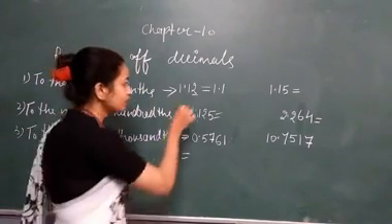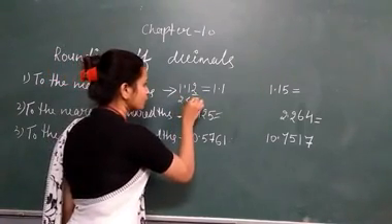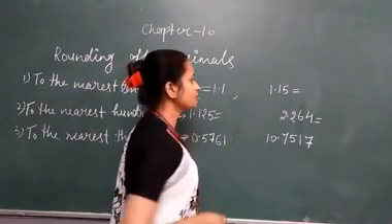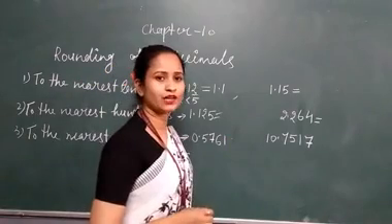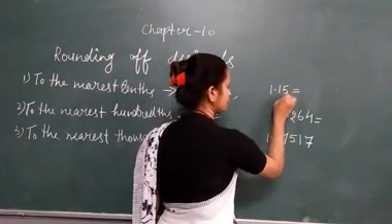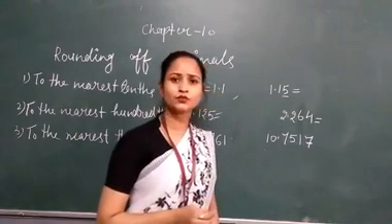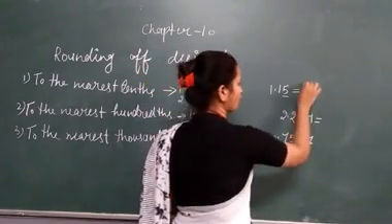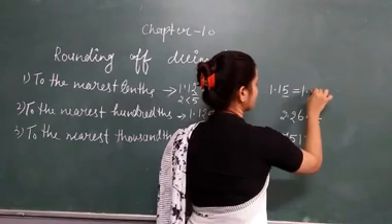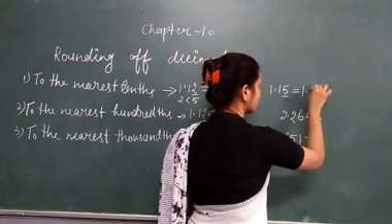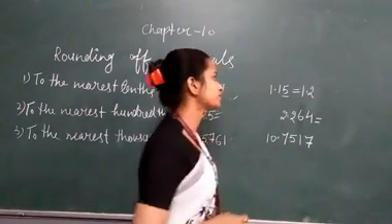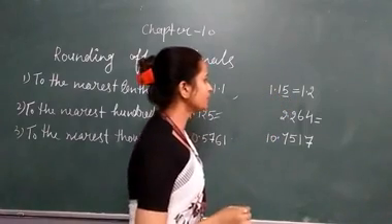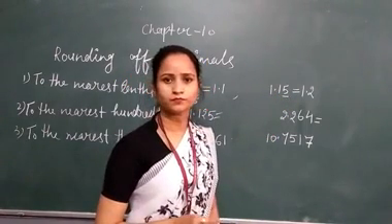Because it is less than 5. Okay. Now, one more example. 1.15. And the digit in the hundreds place is 5. It is equal to 5, so we will add 1 to the digit in the tens place. So answer will be 1.2.